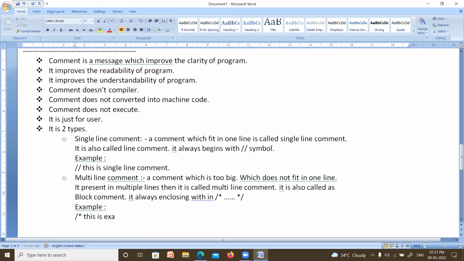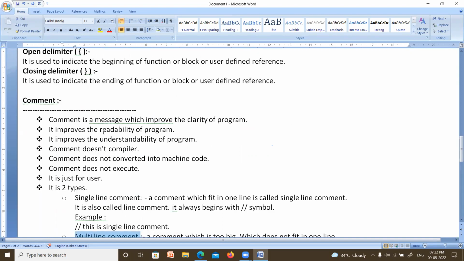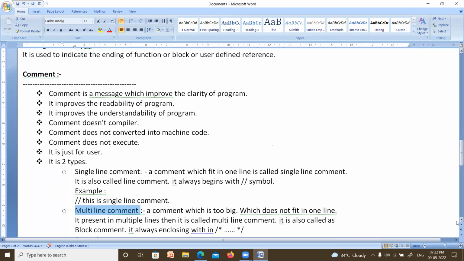This is example 2, a multi-line comment. It is in multiple lines like that. Finally you write star and slash. So this is about multi-line comments. In this way, you can write comments in two ways: single line and multi-line comments. Now note down this about comments.